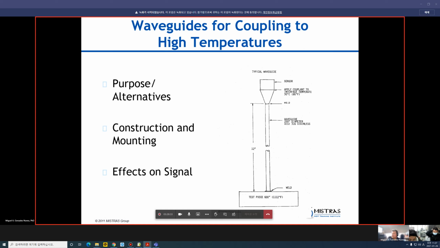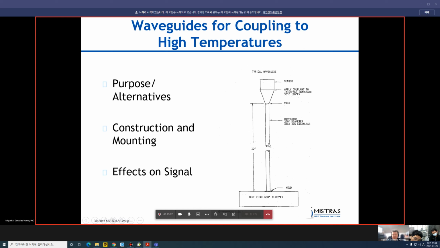What's the purpose of this test? We have used this on high temperature piping, on gas turbines, where the temperature is high and the sensor cannot withstand that temperature. So we have to use these devices.